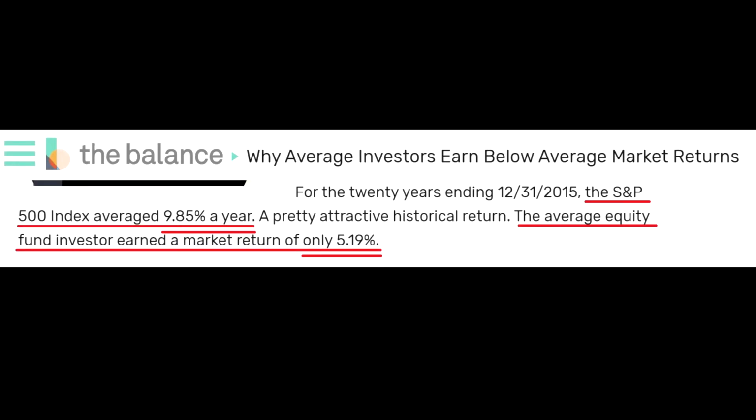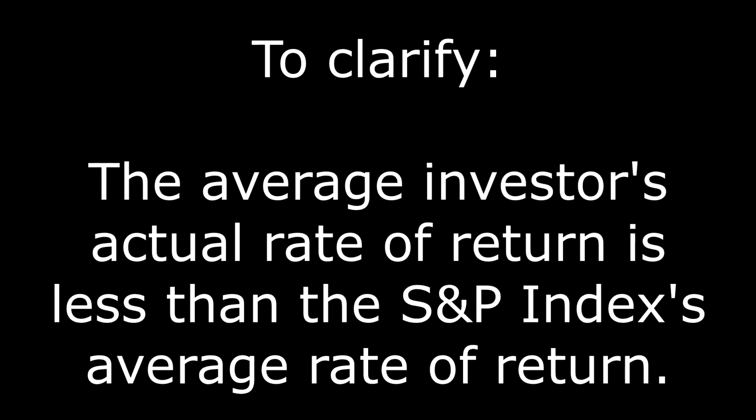Now the second point is that most investors are going to fall far below the average. And this is going to be the subject of another video for the most part, but I will touch on it at the end of this video. And so when you put those two things together, I think what it points to is you have to have realistic expectations.